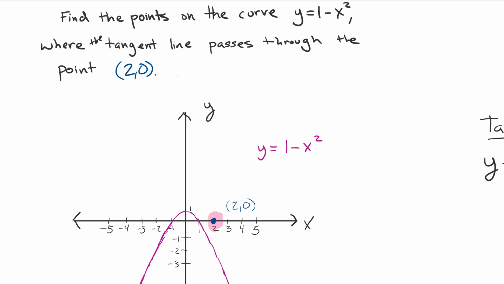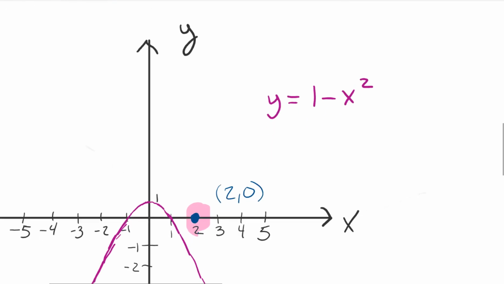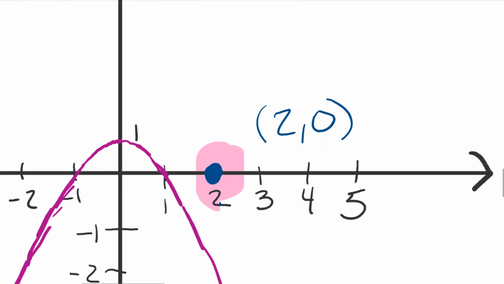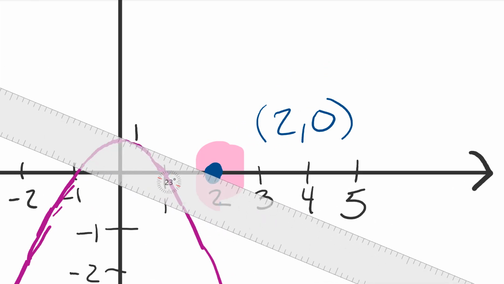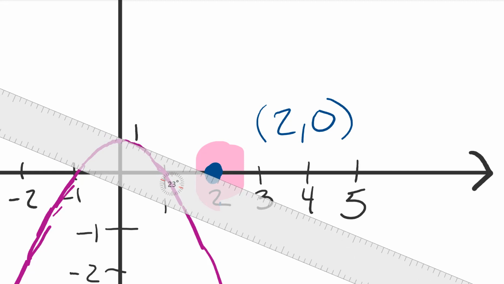Now we're going to take that point (2, 0), and I'll just tell you right now, there are 2 different points on that curve where (2, 0) is included on the tangent line. Just for example, let's zoom in a little bit. Maybe it goes like this.